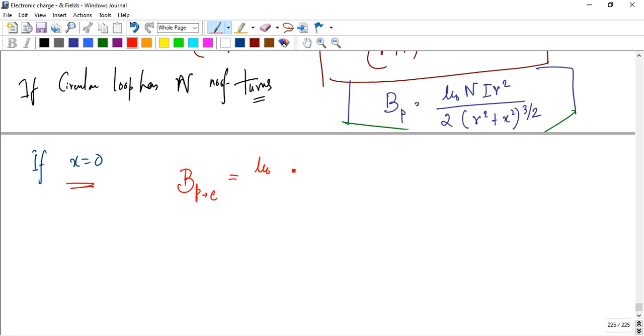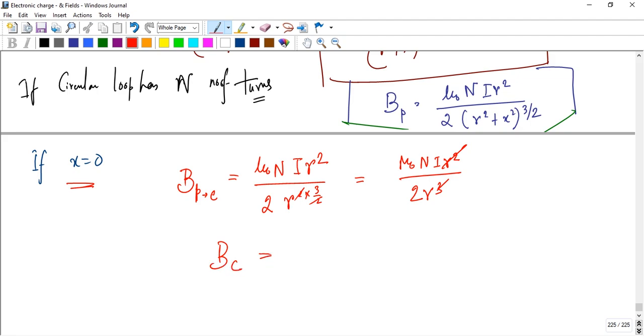So that is mu 0 N I r square by 2, with x equal to 0, r square to the power 3 by 2 gives r cube, so mu 0 N I r square by 2r cube. One r cancels, so BC, where C stands for center of the circular conductor, is mu 0 N I by 2r.